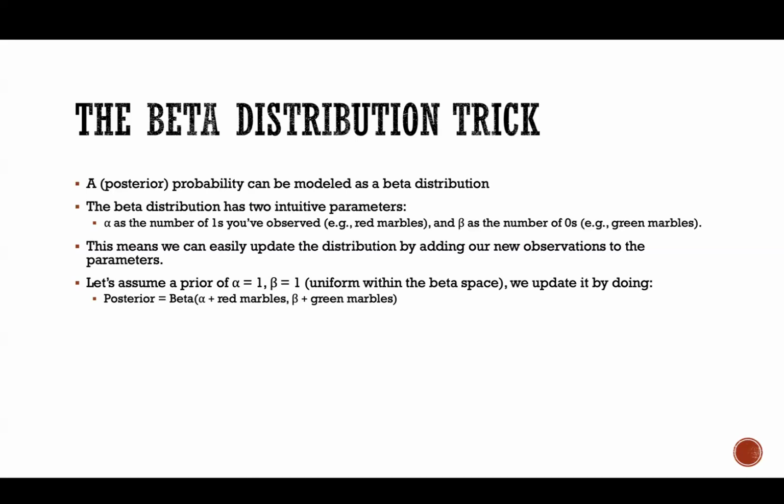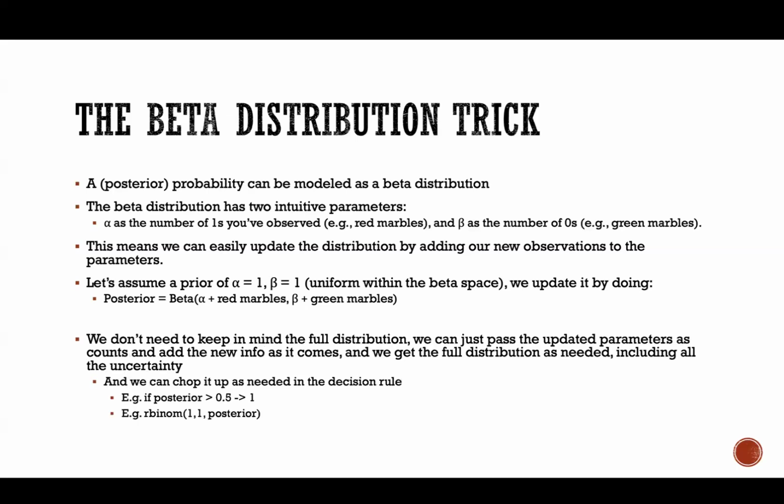And again, it doesn't need to be prior and likelihood. It could be 2 sources of information. And so we don't need to keep in mind the full distribution. We can just pass the updated parameters as counts and add the new info as it comes. We get the full distribution as needed, including all the uncertainty.